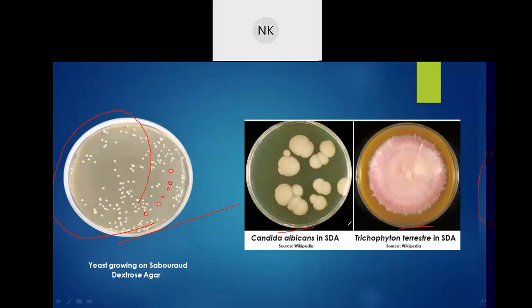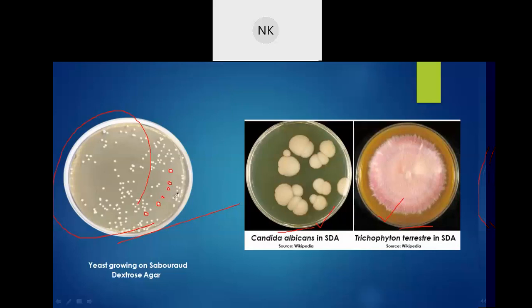So towards the right side you can see Candida albicans and the other one is Trichophyton terrestre. So for the visible colonies to be formed on this Sabouraud dextrose agar media, it will take several days, around 7 days, 1 week or more than 1 week, depending upon the availability of the nutrients and the type of fungi which is growing on that particular media.